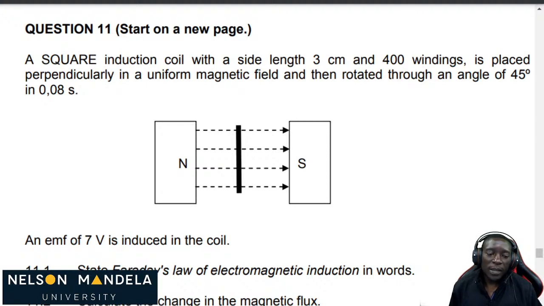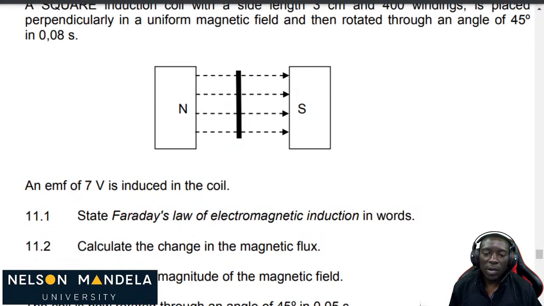The first part, which is 11.1, says state Faraday's law of electromagnetic induction in words. So the laws are very important for you to know, the different laws and different principles.